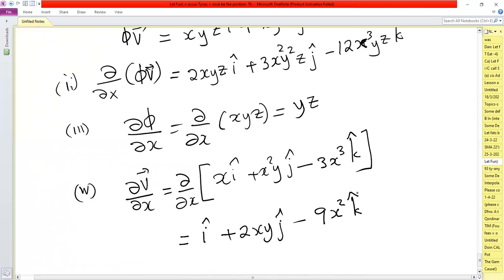So that is what provides the value for partial v partial x.